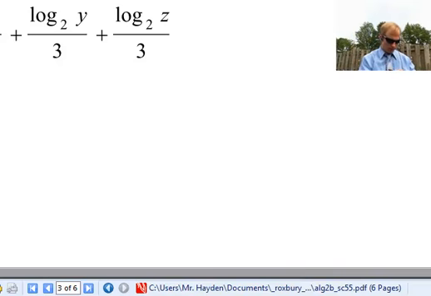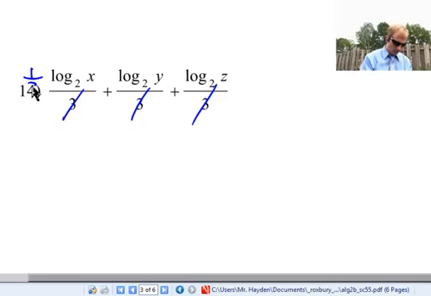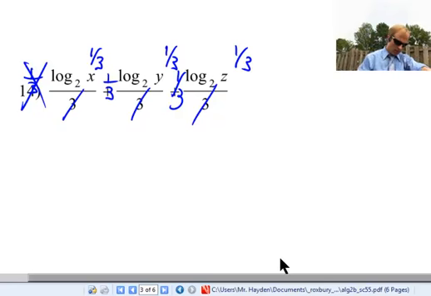Alright, in this next one, first thing I want to do is write the divide by 3 as multiplying by 1/3. And then it's clear that the 1/3 becomes exponents. And now I have log x to the 1/3 base 2 plus log y to the 1/3 base 2 plus log z to the 1/3 base 2.